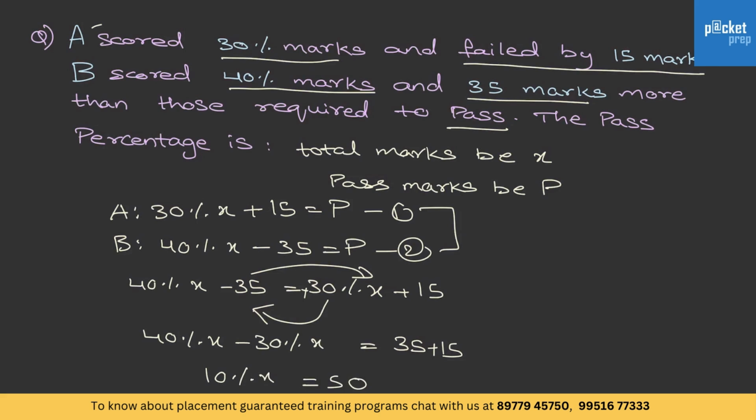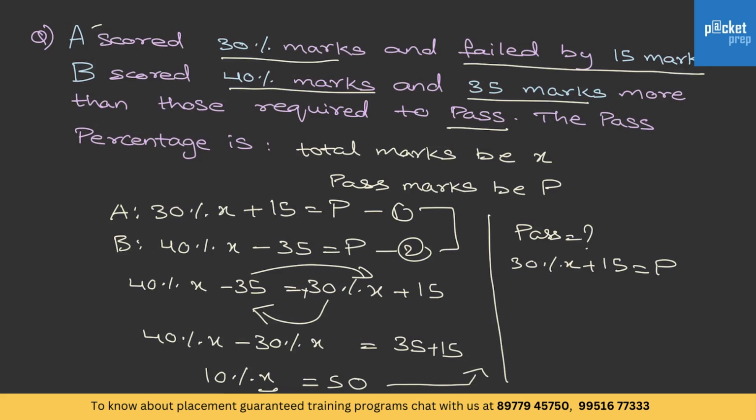So from this we can get X value, but they've asked us to find pass marks. So substitute this value in any of the both equations and find the value of P. Let's substitute in the first one. 30% X plus 15 is equal to P. Here we know 10% X is equal to 50.